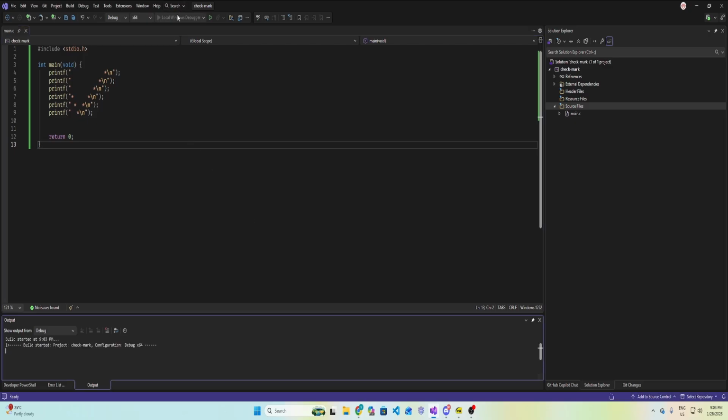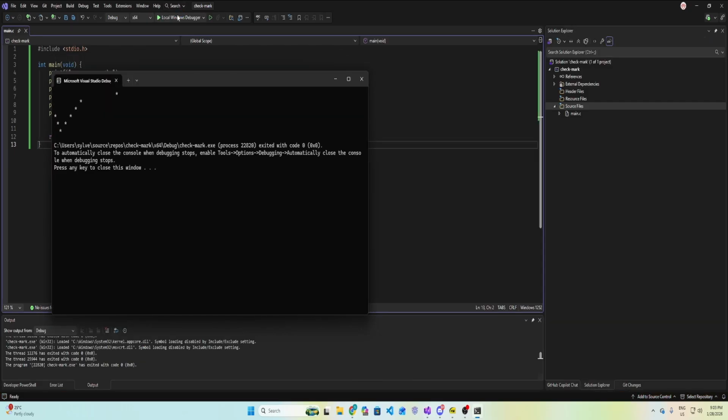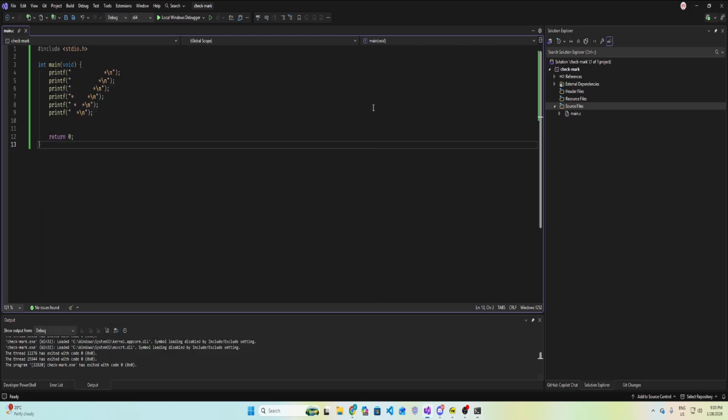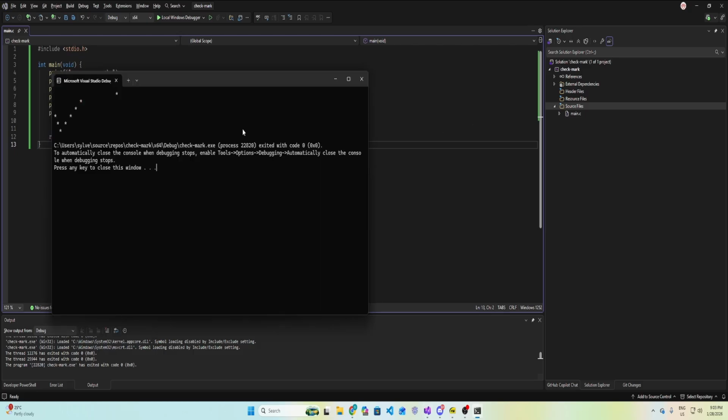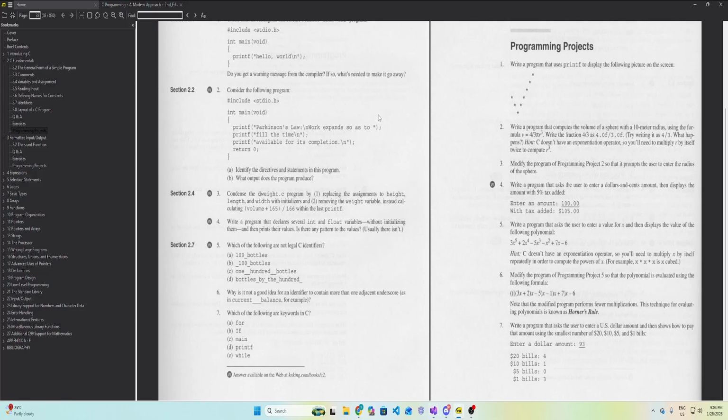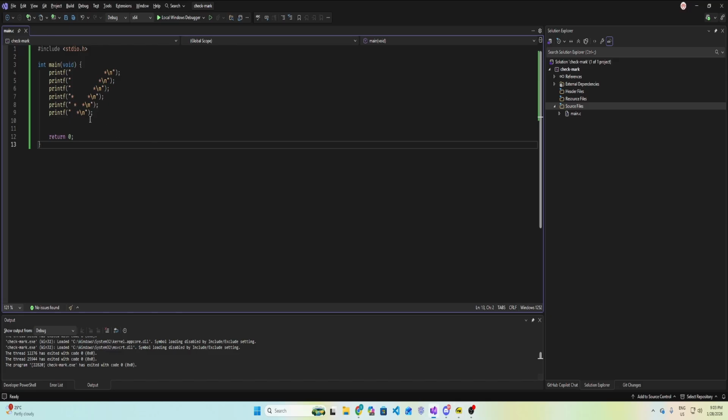I feel like this is the simplest way. Looks a bit wonky though. And maybe make this one closer. Yeah, I think this is going to look better, or maybe a bit closer to what it's like in the book.